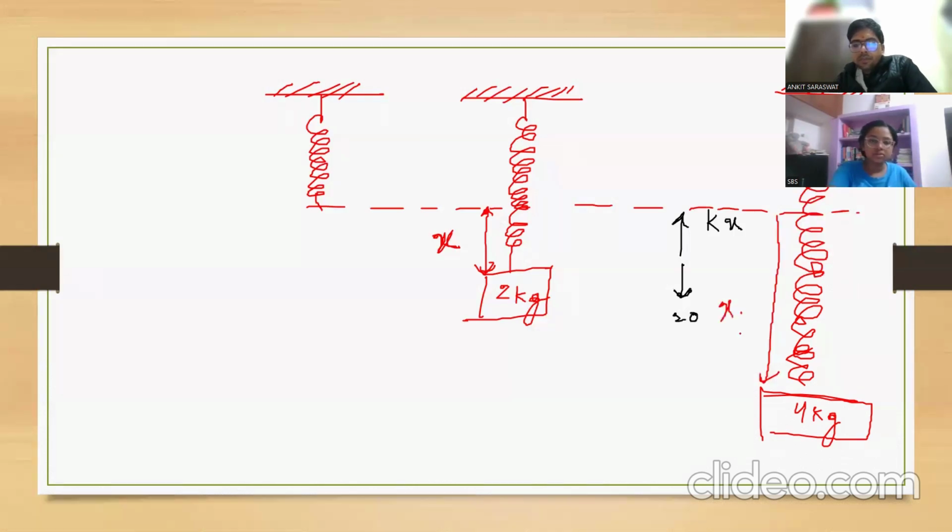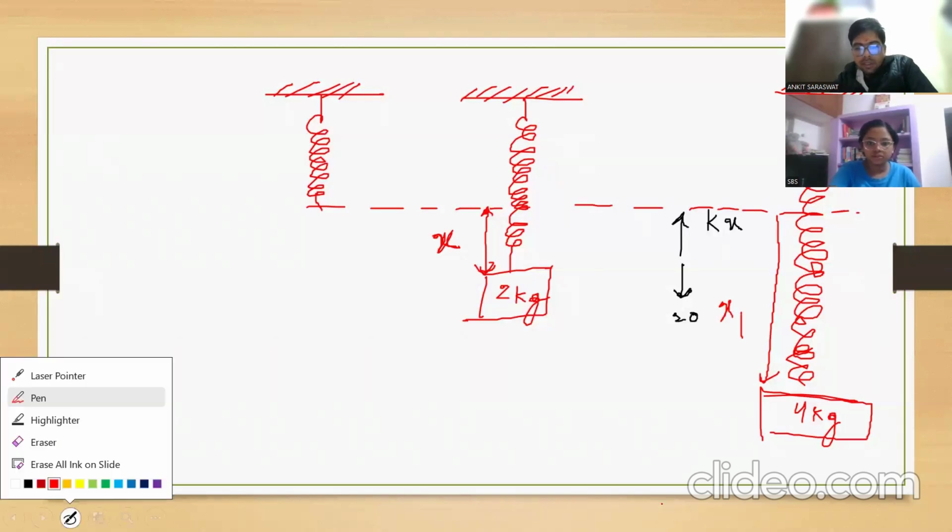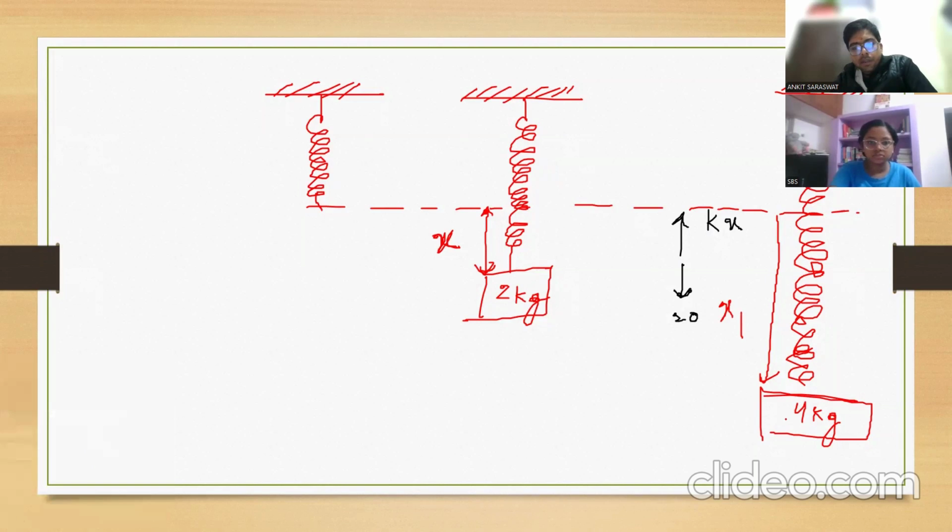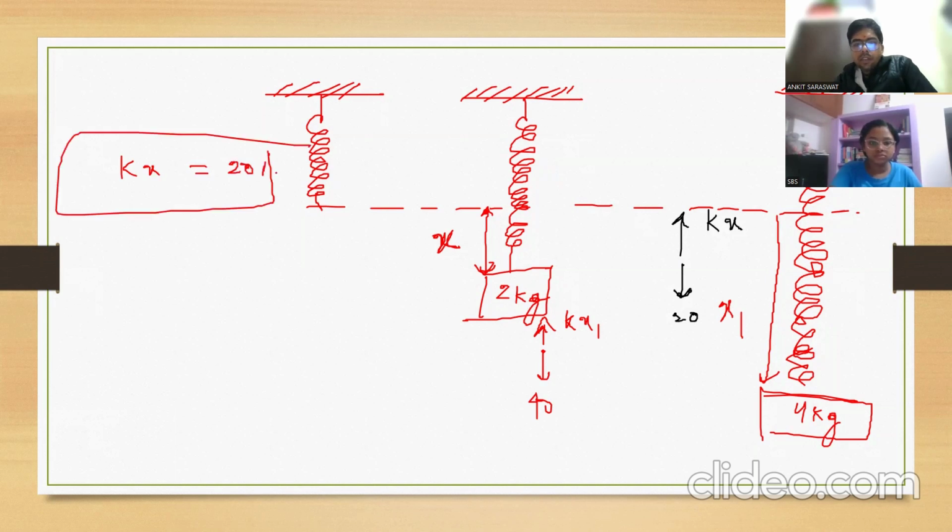Now if I ask whether the spring force will increase? When it is at equilibrium, 40 down, spring force is K into X1. So initially the spring force is Kx equal to 20, 20 down, 20 Newton.